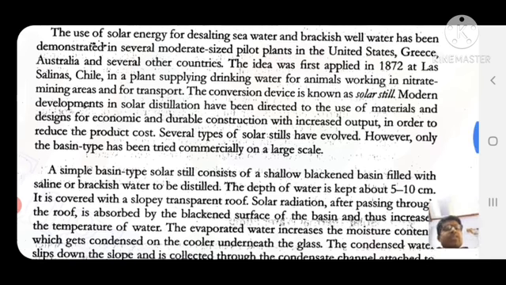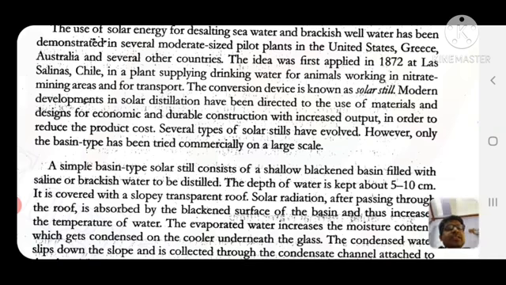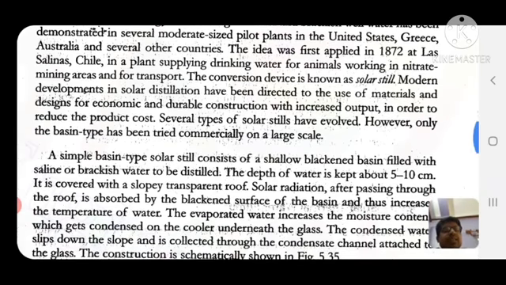The idea was first applied in 1872 at Las Salinas, Chile, in a plant supplying drinking water for animals, working in nitrogen mining areas for transport. The conversion device is known as a solar still.